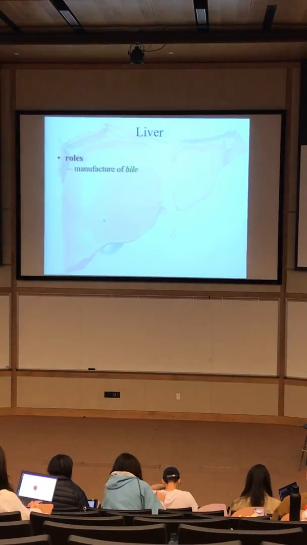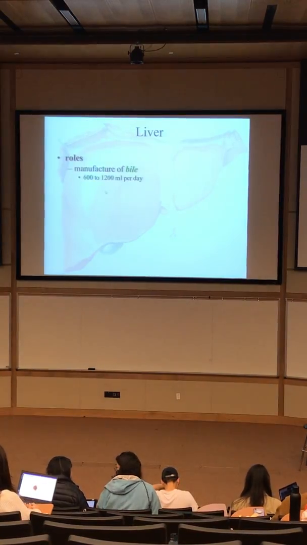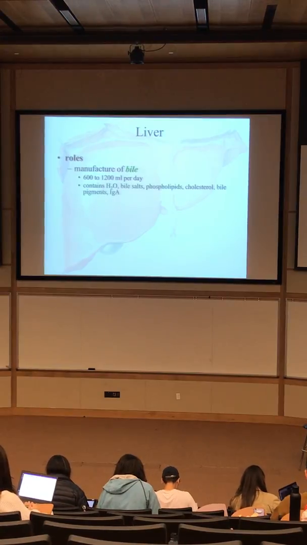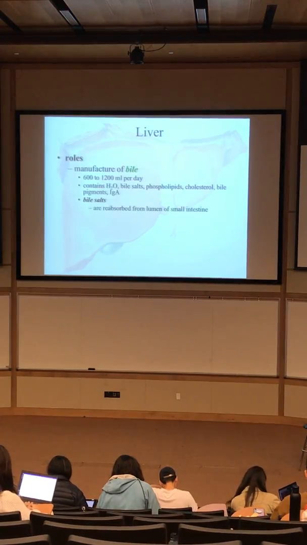All right, so what does the liver do? It manufactures bile, between 600 and 1,200 milliliters per day. The bile contains water, bile salts, phospholipids, cholesterol, bile pigments, and immunoglobulin A. Now, bile salts are reabsorbed in the small intestine.